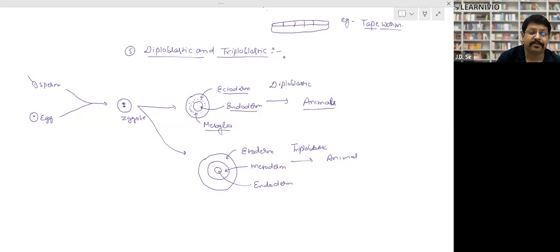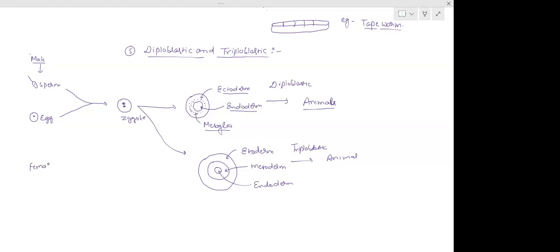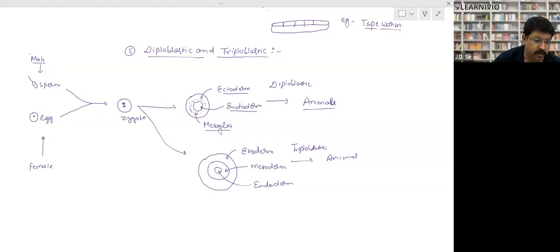In every animal, the male will produce sperm, and the female will produce egg. You have to draw this diagram. Male and female, both the egg and sperm will fuse. That is called syngamy in reproduction.